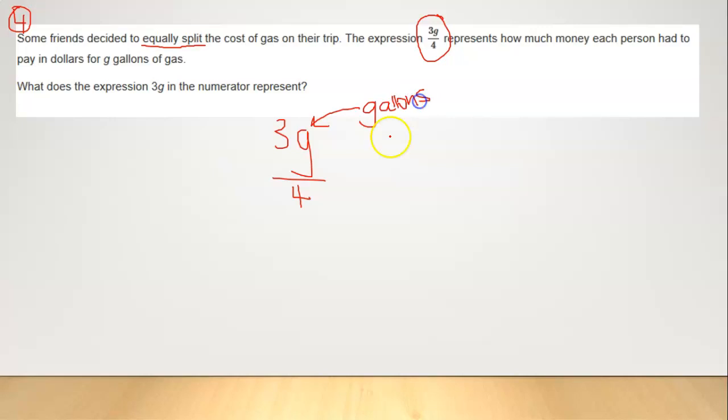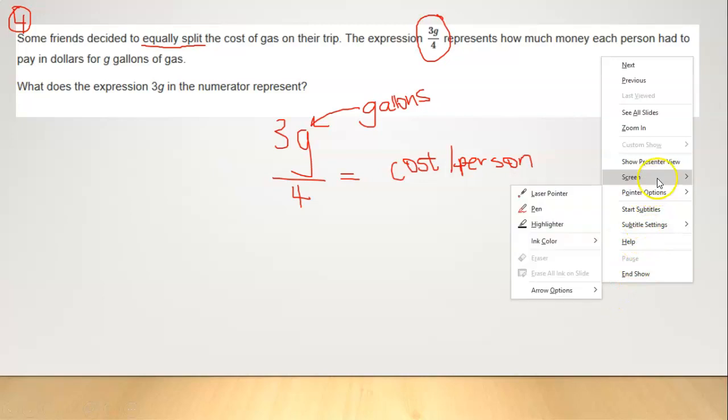And this entire expression is going to give you guys the cost per person. Per person. So how many people are on the trip if it's the cost per person?